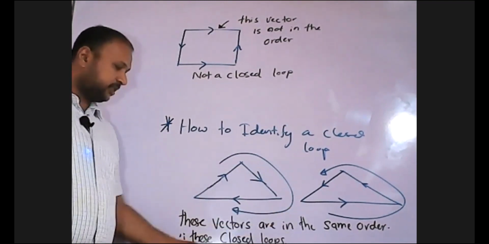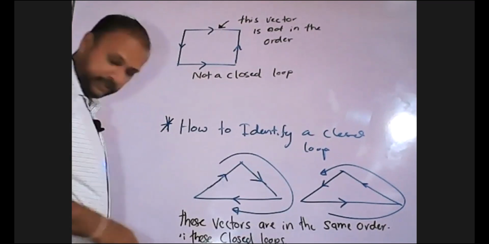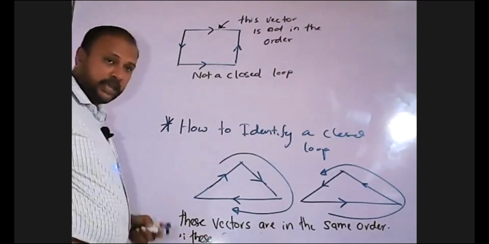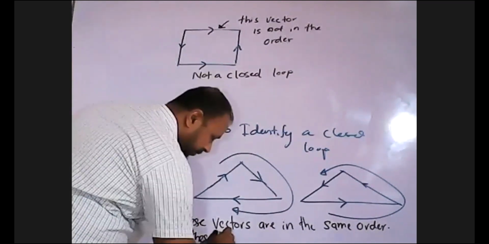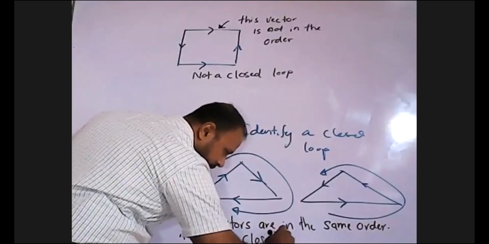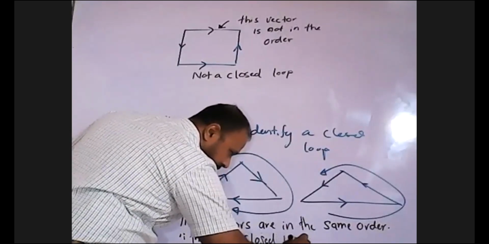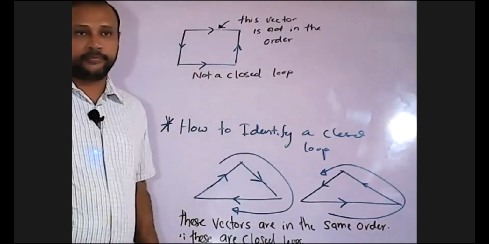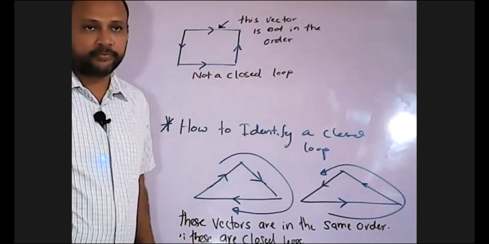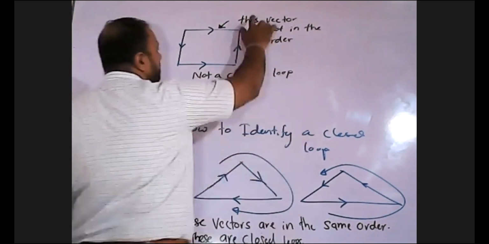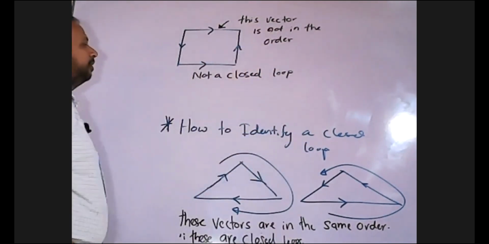Therefore, these are closed loops. This vector is not in the order, so it is not a closed loop.